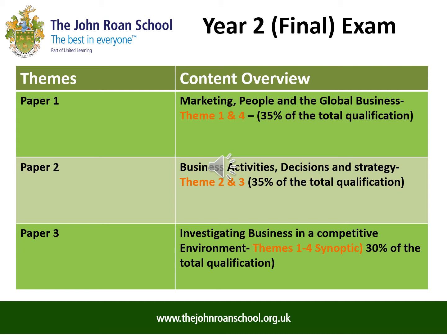Paper 2 consists of theme 2 and theme 3, which also makes up 35% of the total qualification. Paper 3 is a synoptic paper. That is, this covers every single theme that has been learned from year 1 to year 2, from theme 1 to theme 4. It is 30% of the total qualification.